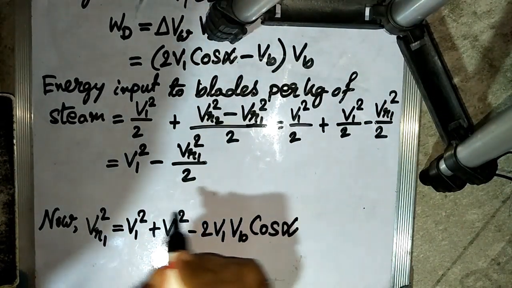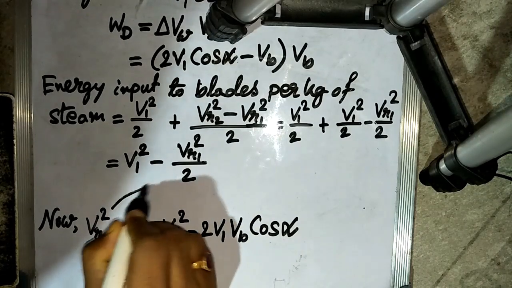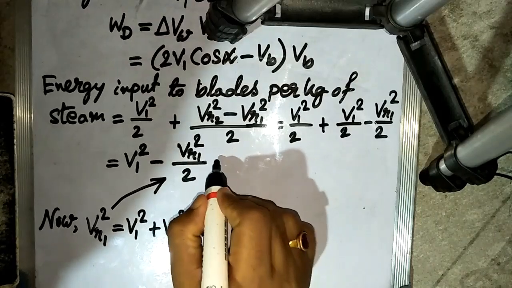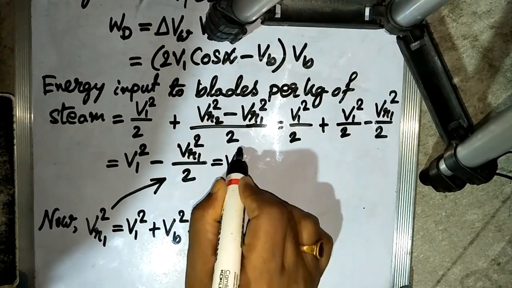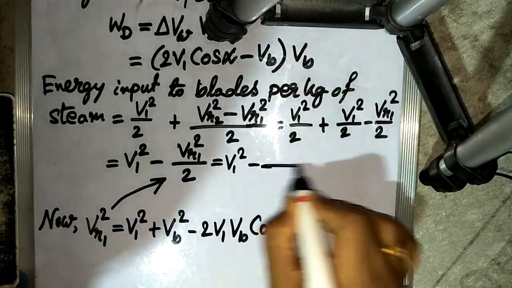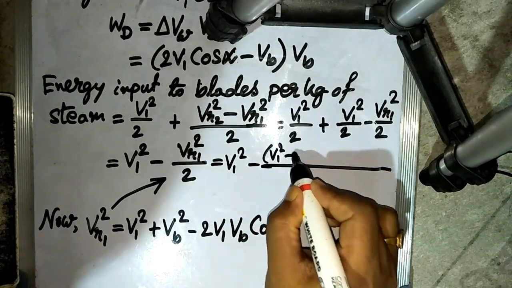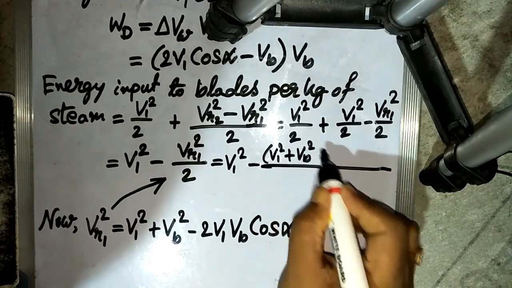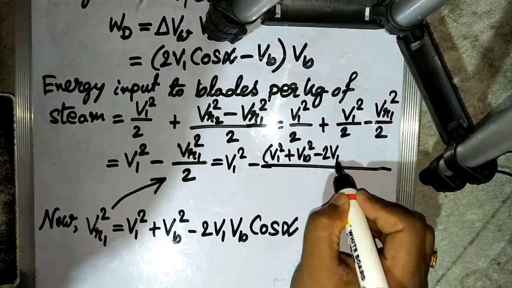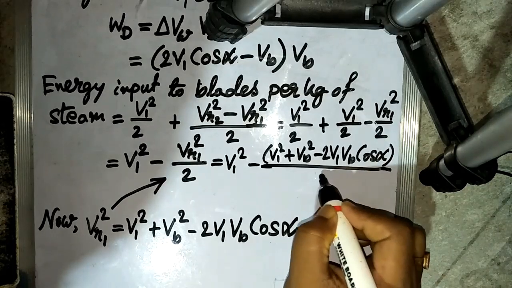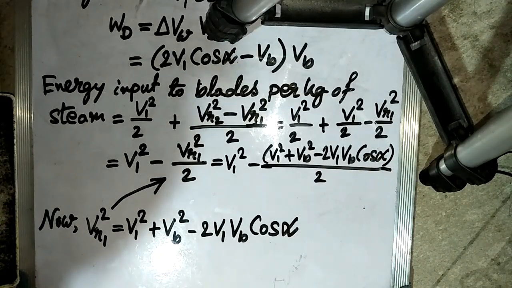So now we are going to substitute this VR1 value into the above equation. So we get (V1 square minus (V1 square plus VB square minus 2 V1 VB cos alpha)) by 2.